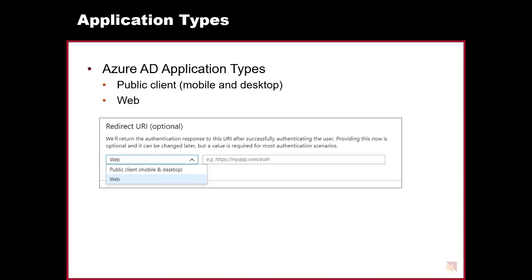Now, as you saw, when you create an application, are you going to create it as a web, which kind of means confidential, which means it can keep secrets that can't be seen by an attacker? And if I make it public, well, we're going to kind of loosen the rules for authentication just to make it so that we can still succeed.